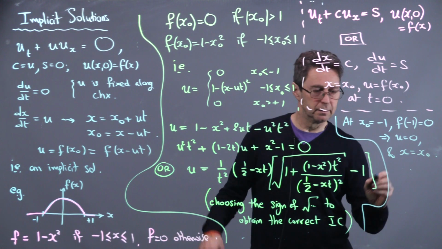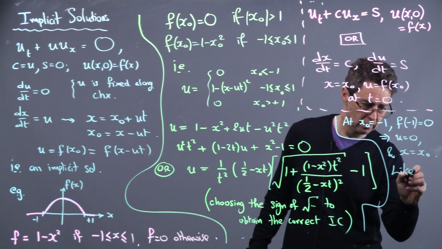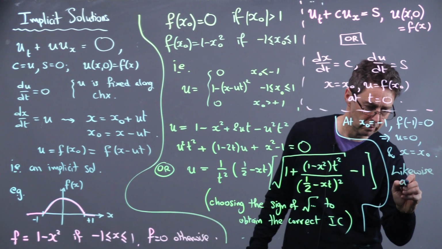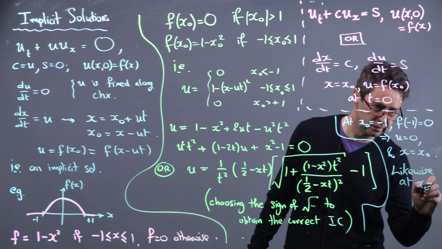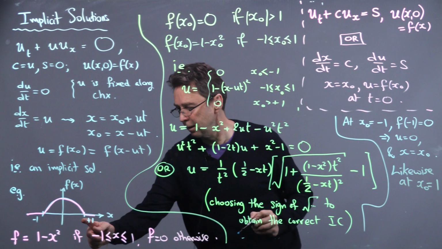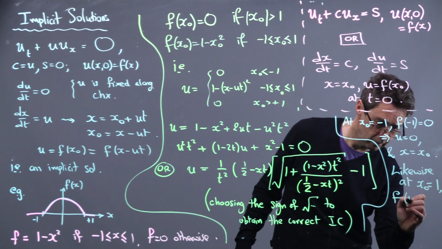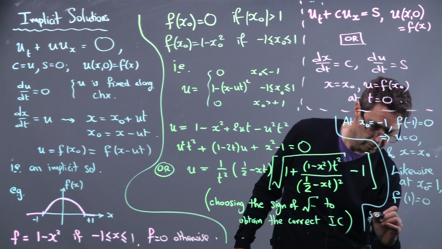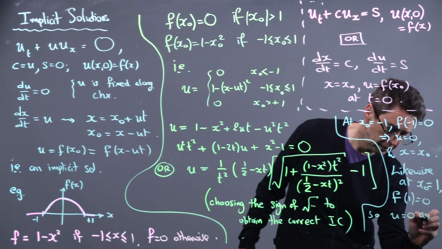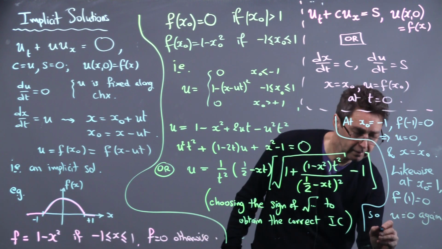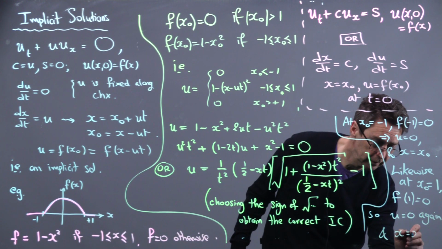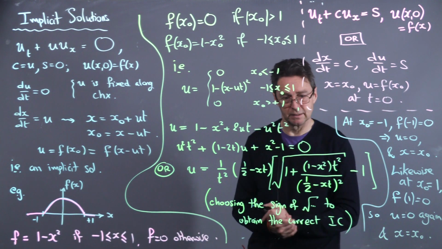And similarly, at x0 is equal to +1, there, f is still 0. So we get that u is 0 again, and once more, we still have x is equal to x0.